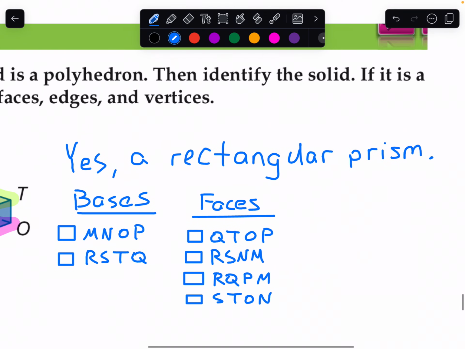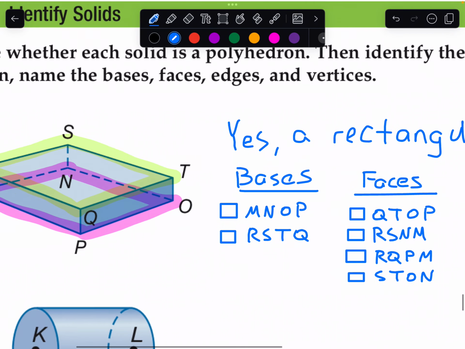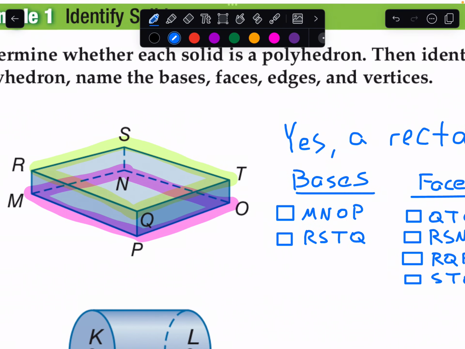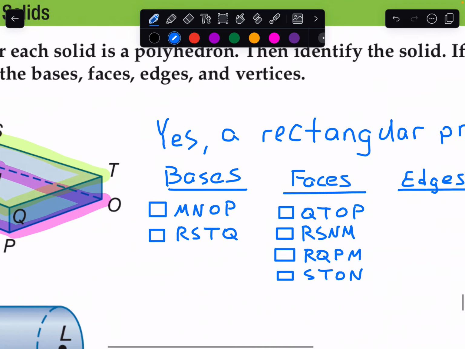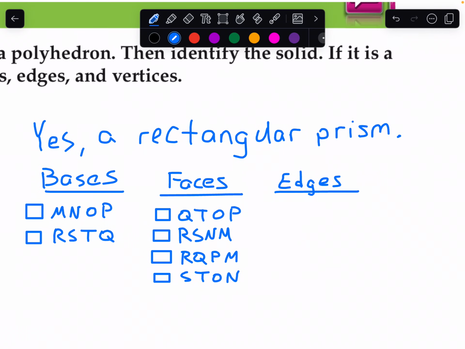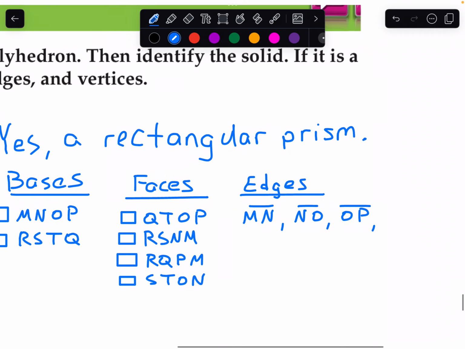All of the edges, there's going to be quite a few of them. All the segments listed here. I think I will go based on the bases as well. We'll do those 4 at the bottom, then 4 at the top. So we have segment MN, segment NO, and then OP and PM.